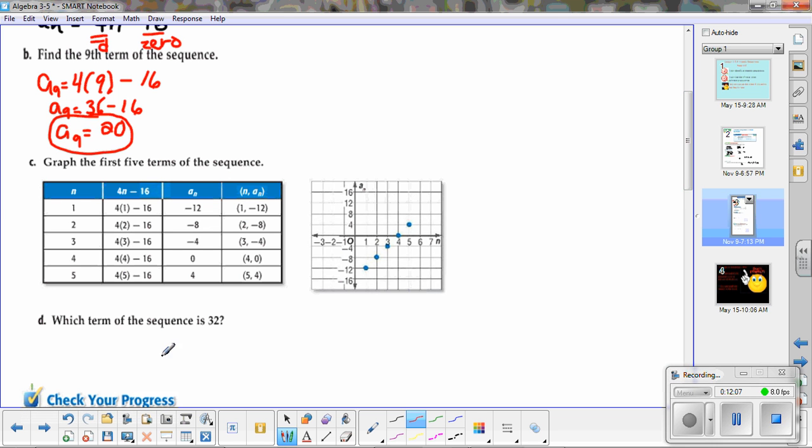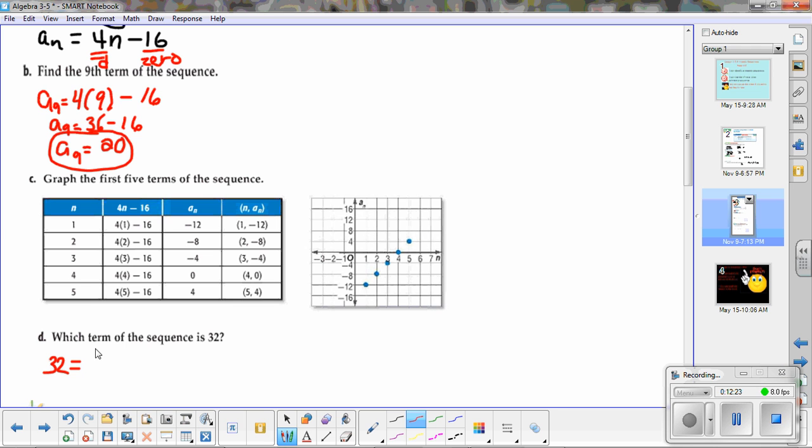Now the last example, which term of the sequence is 32? Well, if I want to know which one is 32, in place of a sub n, I'm going to put 32. And then remember, this was what we came up with. It's 4n minus 16. So we want to know when that's going to equal 32. So you're going to add 16 to both sides.